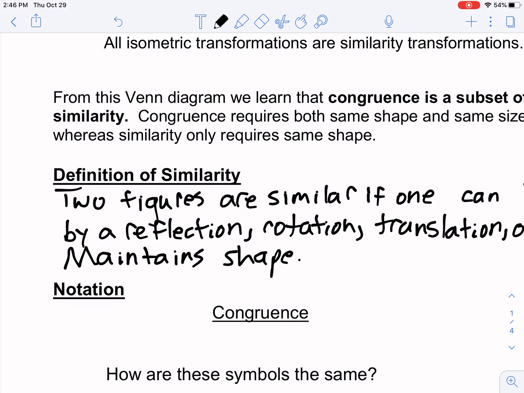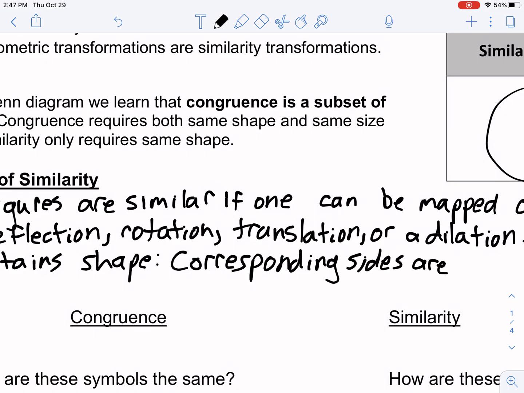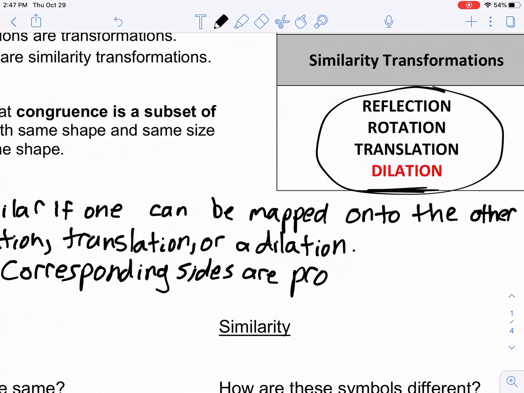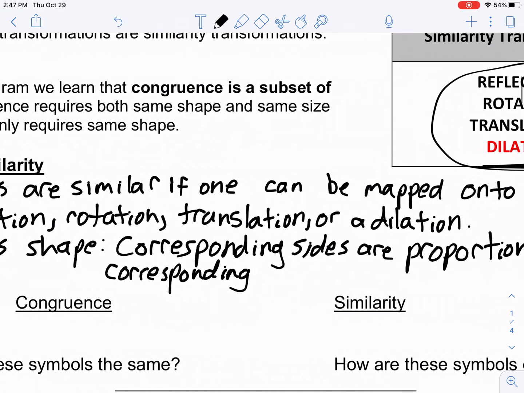And to add on to that, what we mean by maintain shape is that corresponding sides are proportional, like we talked about before with proportions, and corresponding angles are congruent.